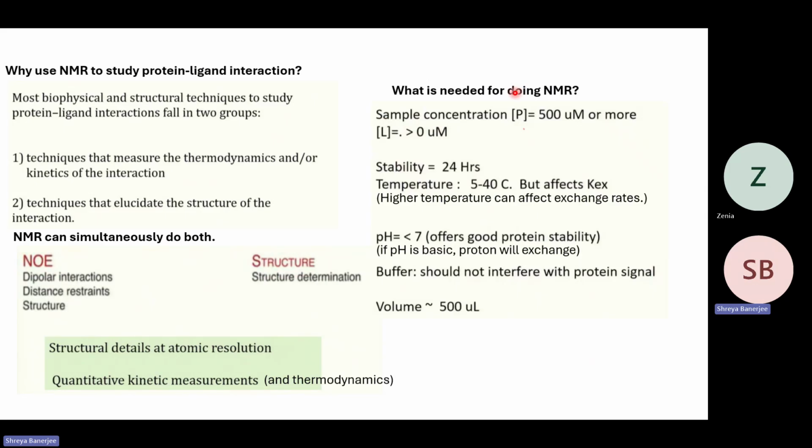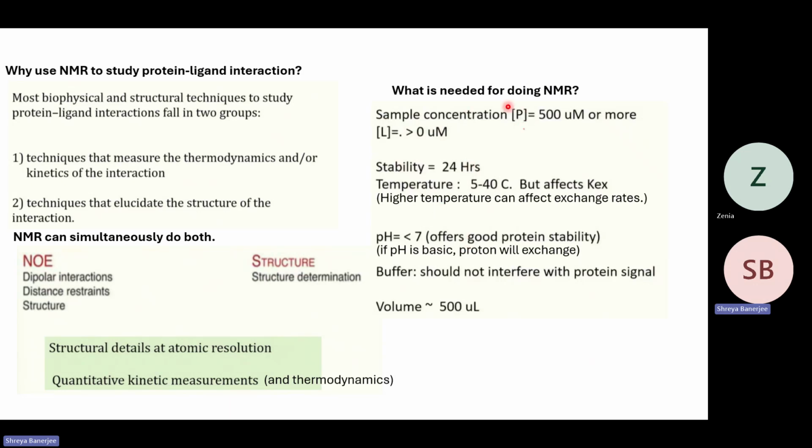And for NMR, what is needed? For X-ray crystallography you will need good crystals, or for cryo-electron microscopy you will need a very low temperature setup. But for NMR the requirements are much lesser.